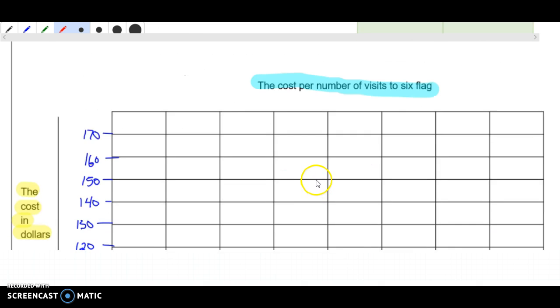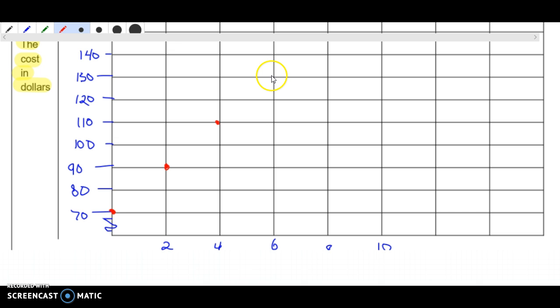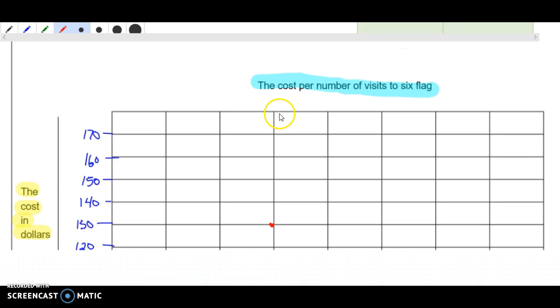Then we have 2, 90. Okay. Then we know it's going by 20, so the slope is rise over run. We go up 2 over 1, up 2 over 1 in this case. So for 4 visits, $110, up 2 over 1. For 6 visits, it's 130. See?